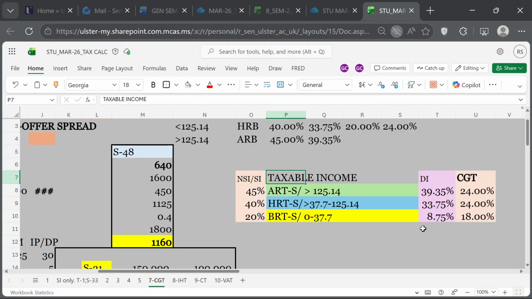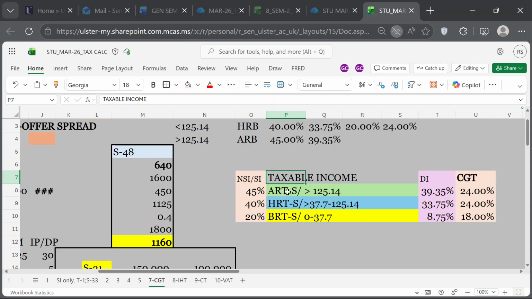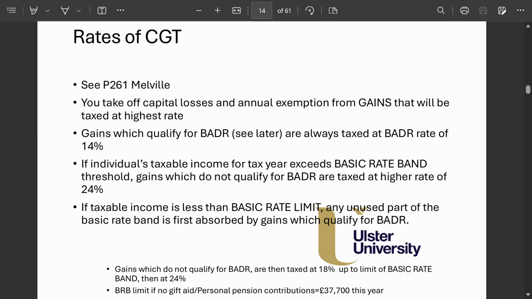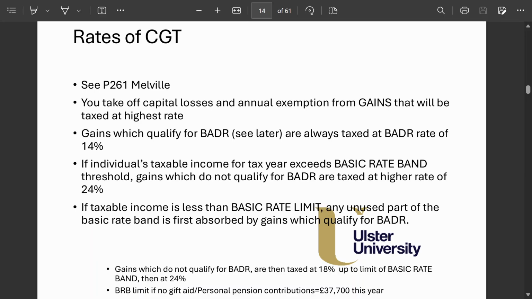You have to look at the taxable income figure. So if the taxable income exceeds the basic rate band threshold, that means your taxable income is here. Then anything which is not BADR, because BADR is 14%, will be taxed at 24%. That is quite obvious. We already have that from the schema here.